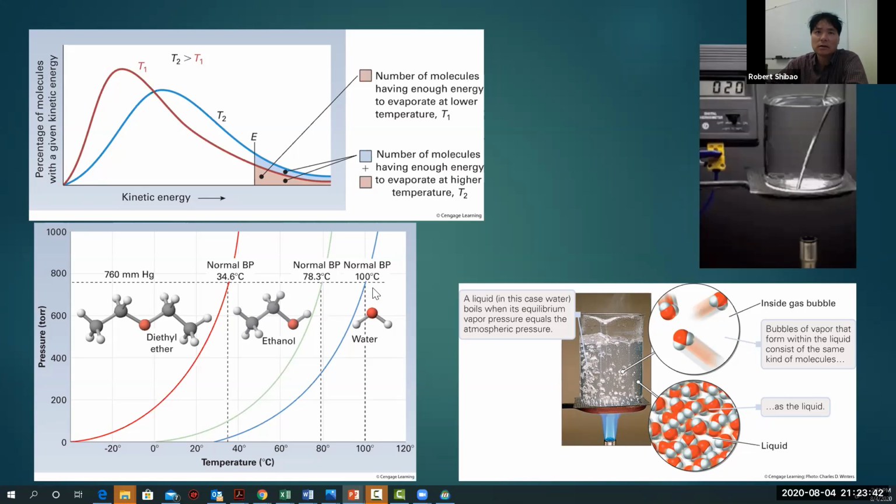You could tell how pure things are, like pure water should boil at 100 degrees C. If it's boiling at 102 degrees C, then it's not pure. So boiling point is used to characterize, you know, pure diethyl ether boils here, pure ethanol boils here, pure water boils here. So that's a physical property of liquids, the boiling point.